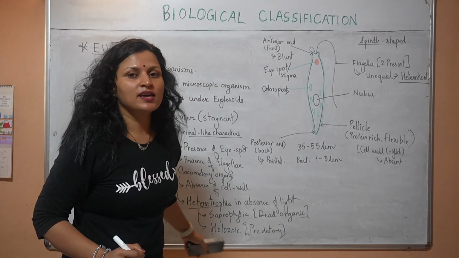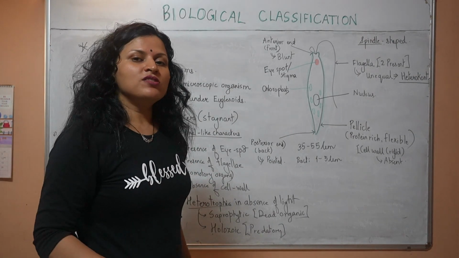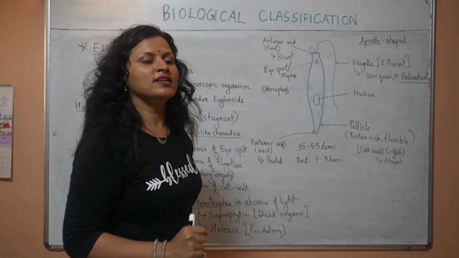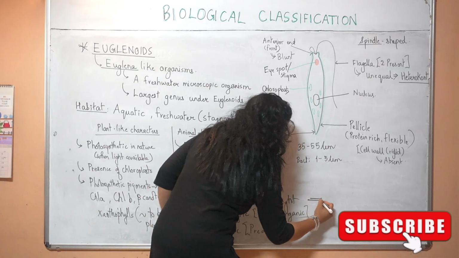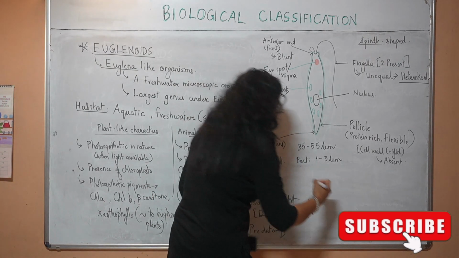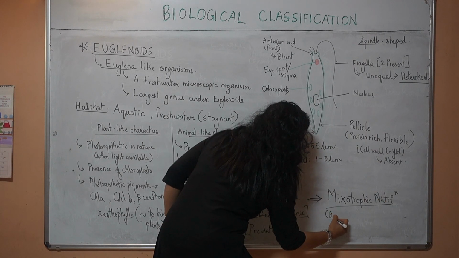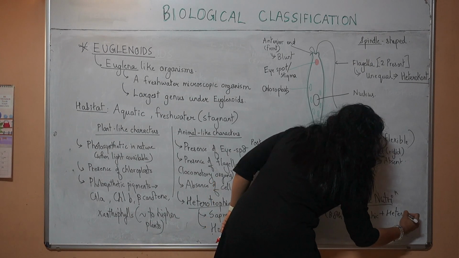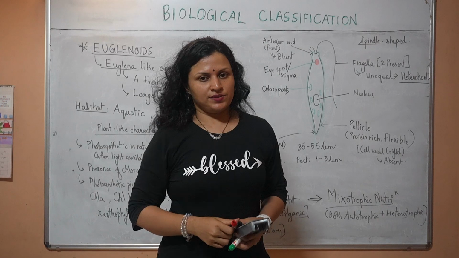But these ones are autotrophic as well as heterotrophic. These organisms show both autotrophic as well as heterotrophic nutrition, and that is why this type of nutrition is called mixotrophic nutrition. Both autotrophic plus heterotrophic. That will be it from euglenoids.